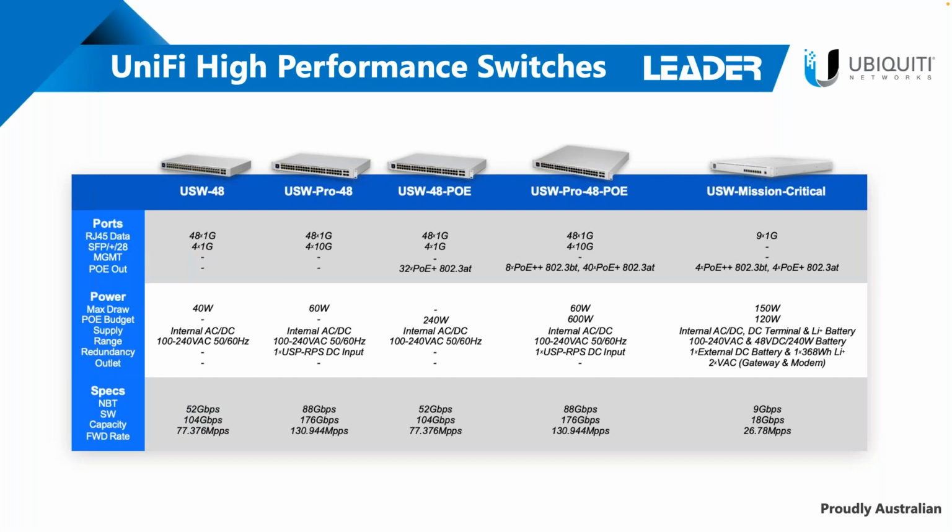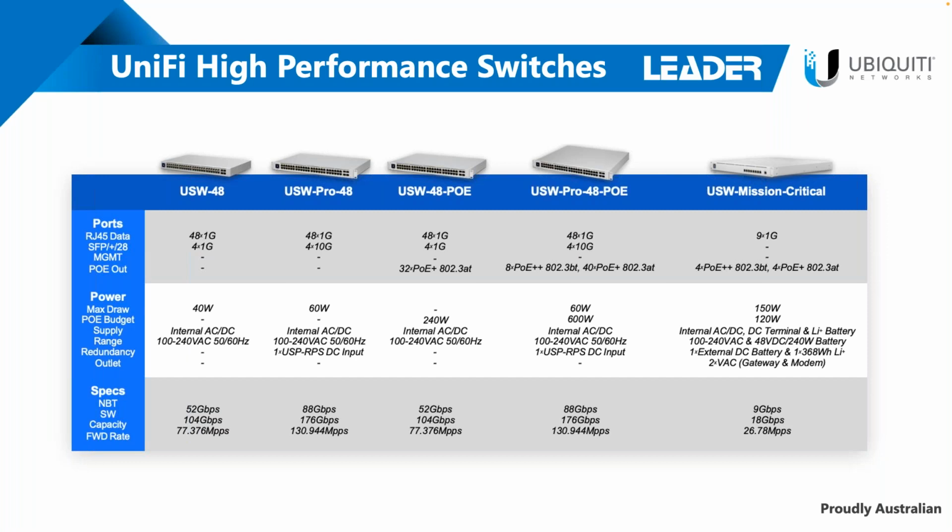Another key product listed on here is the USW Mission Critical. It functions kind of as a switch, and most importantly, it also has a built-in battery. So it can actually be used to power up Ubiquiti devices in case of a power failure. You can also even connect up external batteries to that as well. It's ideal for mission-critical environments or mission-critical kit.